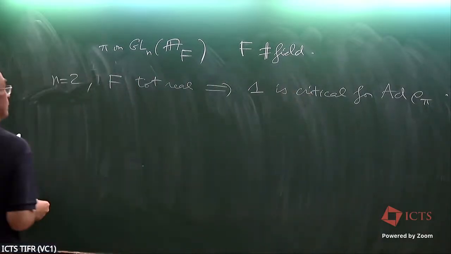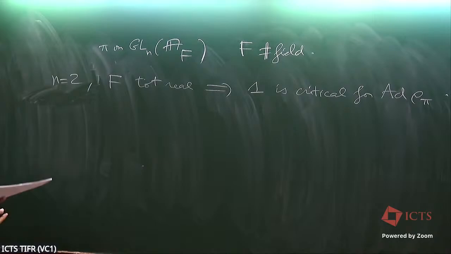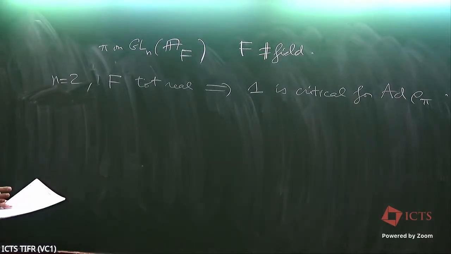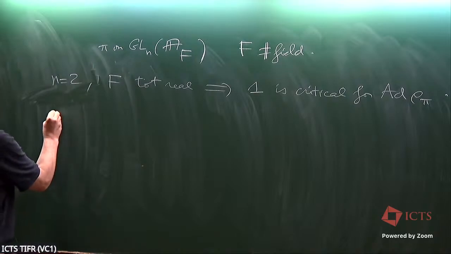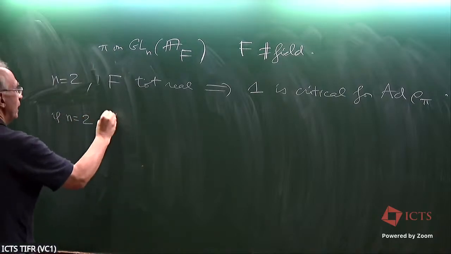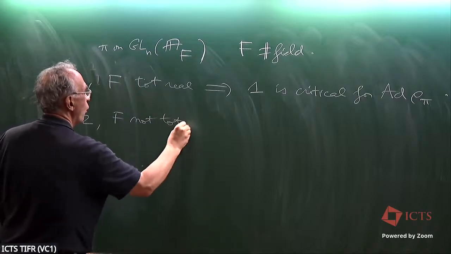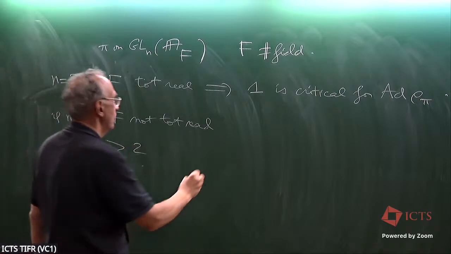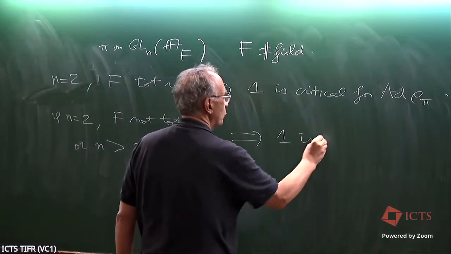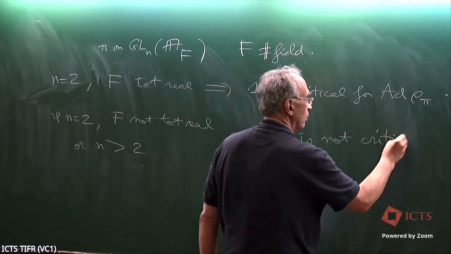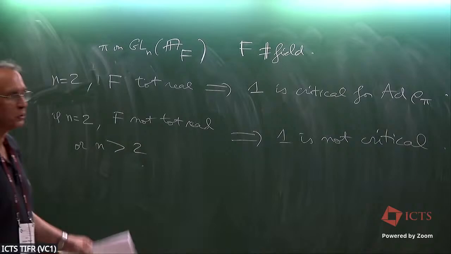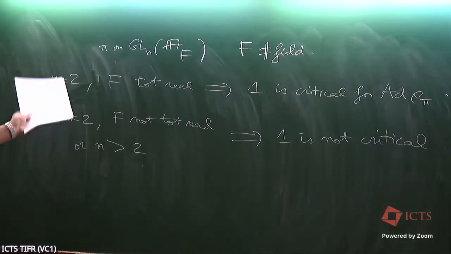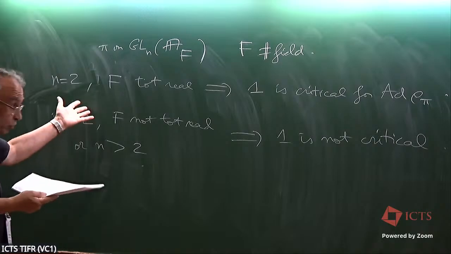But otherwise, if n is equal to 2 and F is not totally real, or if n is strictly bigger than 2 and F is anything, 1 is not critical. And our method does not care about criticality. It works as well in these cases, although it's not critical.